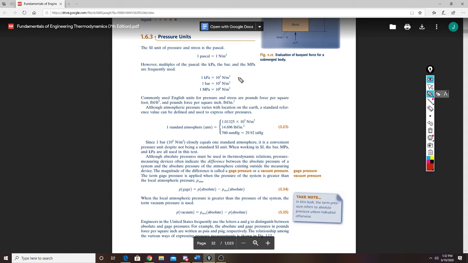So they're related. If you have 100 kilopascals, it equals 1 bar. Atmospheric pressure is about 101 kilopascals, and atmospheric pressure is also 1 bar. So just make sure that's known.